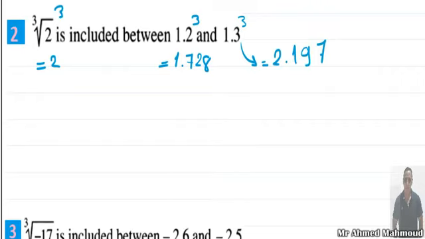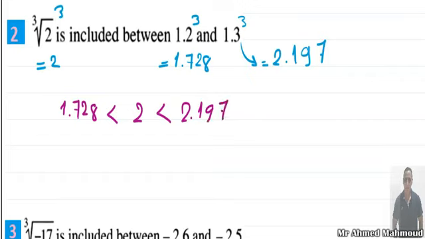Okay. Now I'm going to arrange the three numbers. The least one is 1.728. It will be 1.728 less than 2 less than 2.197. Okay, and then I'm going to take the cubic root of the three numbers like this.